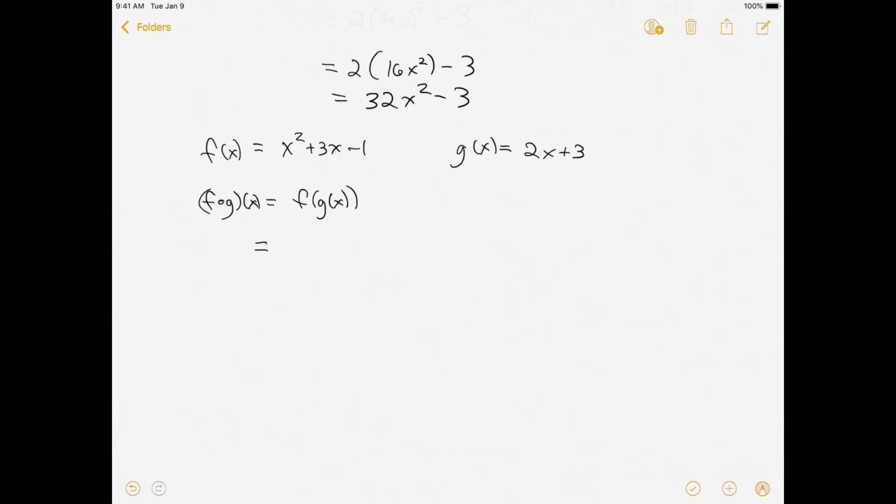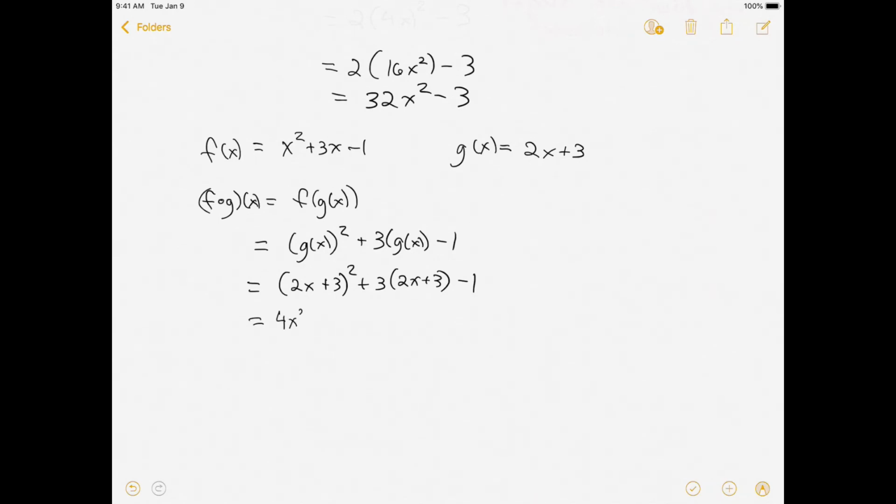Okay, so that's going to be g of x plugged into f of x, which is going to be g of x squared plus 3 times g of x minus 1. So it's going to be 2x plus 3 squared plus 3 times 2x plus 3 minus 1. So if I go ahead and distribute everything out here, this first part becomes 4x squared plus 12x plus 9. Distribute this 3, that's going to be 6x plus 9 minus 1. So this guy is 4x squared plus 18x plus 17.